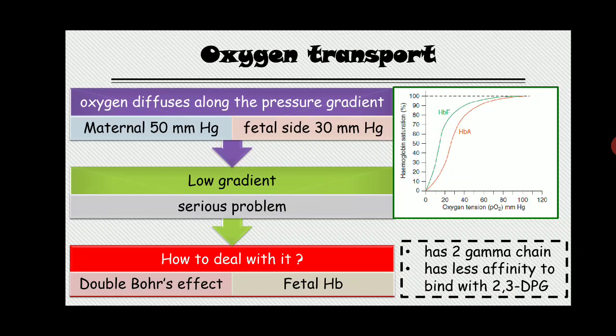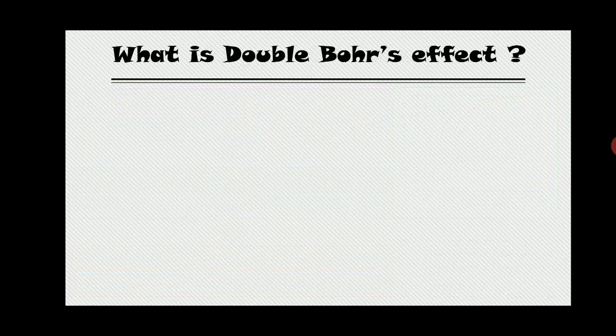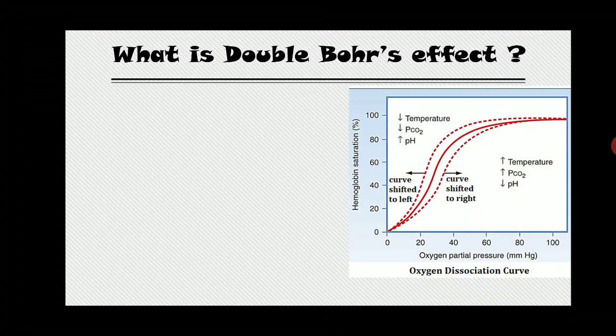And the next one is the double Bohr effect. Now what is the double Bohr effect? In order to understand it, you have to understand what the Bohr effect is, right? So let me revise a little bit from the respiratory system. This is the graph showing the oxygen dissociation curve.